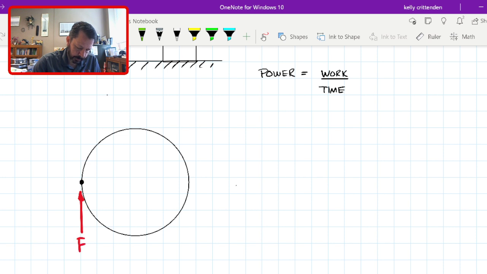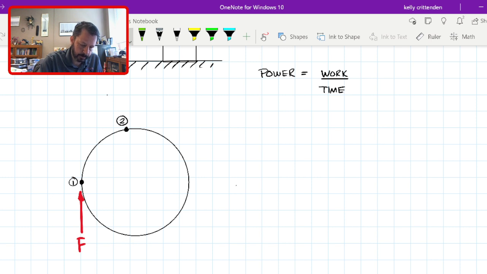There's our force. Maybe this force is applied with a coupler connected to it, or maybe it's a belt or a gear, some kind of pulley. Somehow we're applying this force to make the circle, which is the cross section of the shaft, spin, and so that point moves from position 1 over here to maybe position 2 up here.